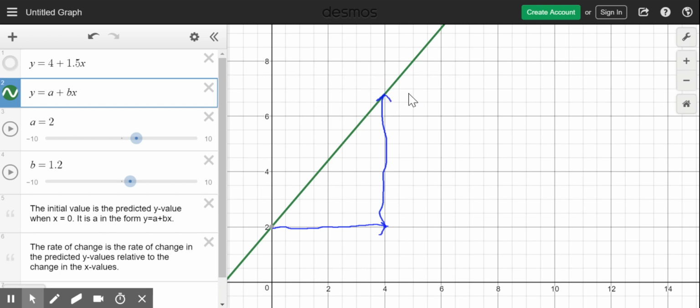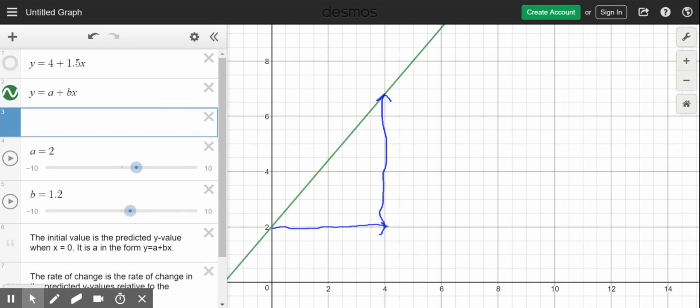Okay, so let's do that calculation. Well, what calculation am I talking about, right? Sorry. So it's a rate. Rates are ratios, which means they're division problems, right? So I need to know the change in this direction, which comes from doing a subtraction, and then divided by the change in this direction.